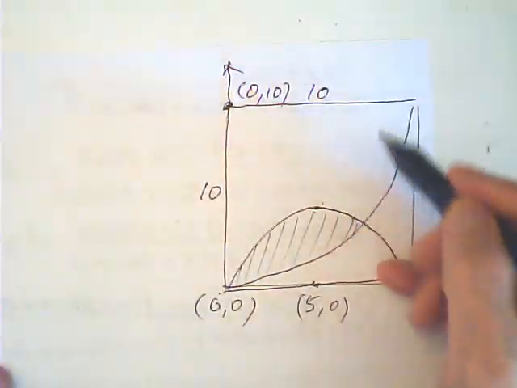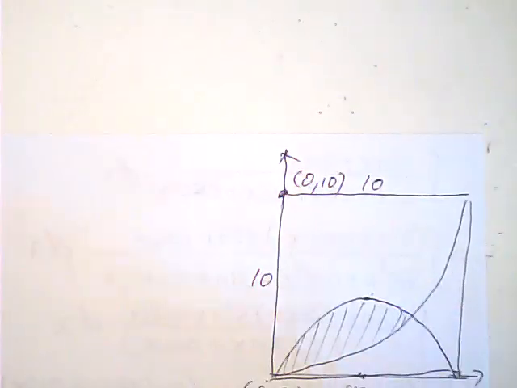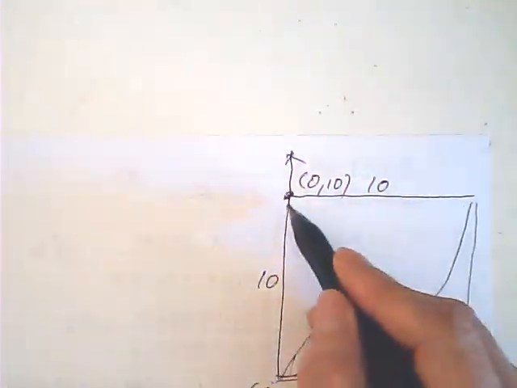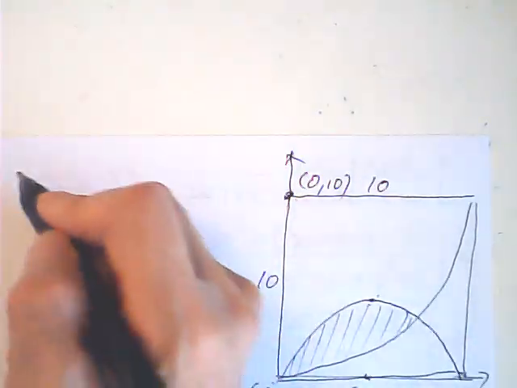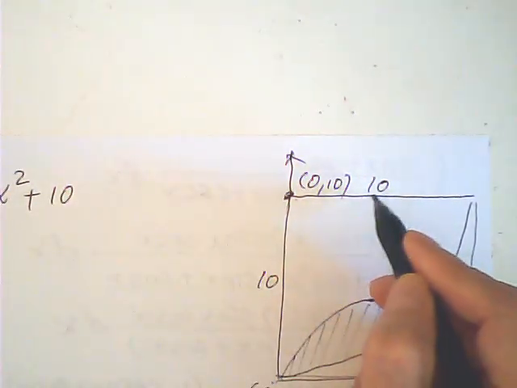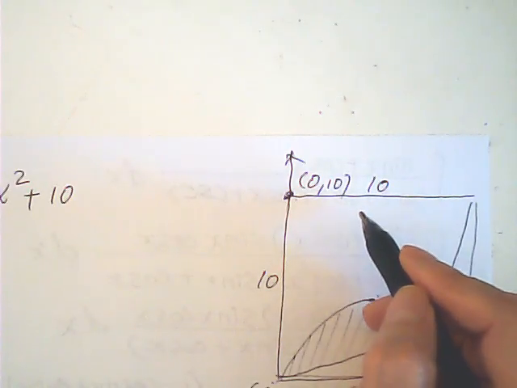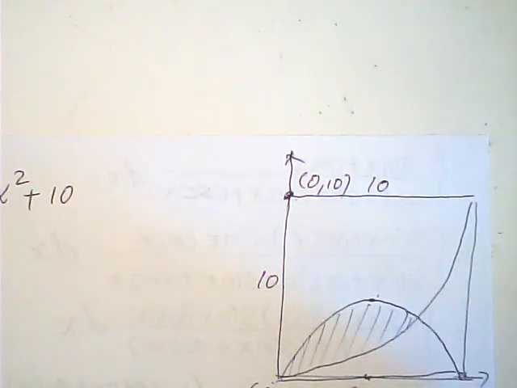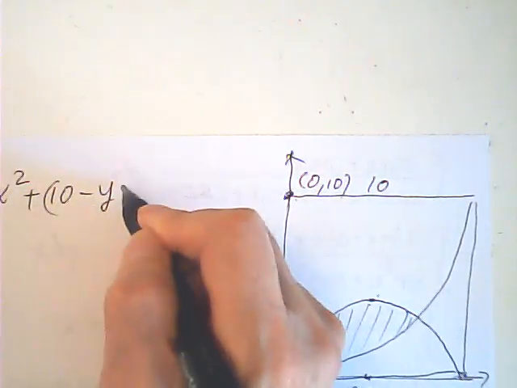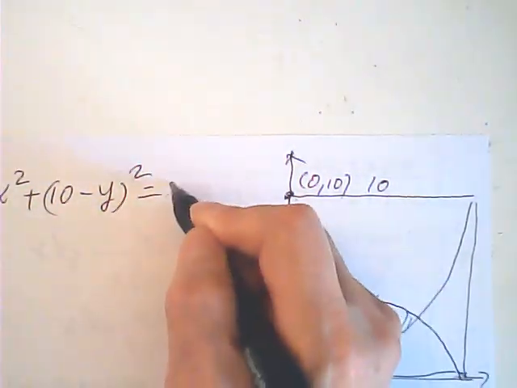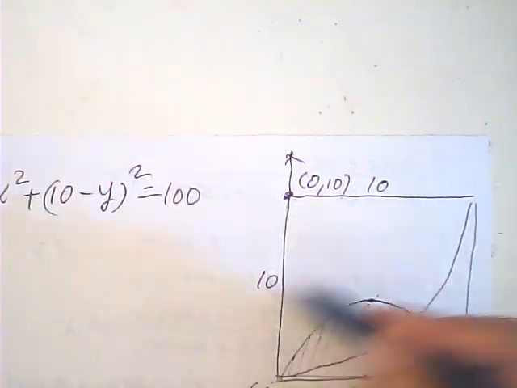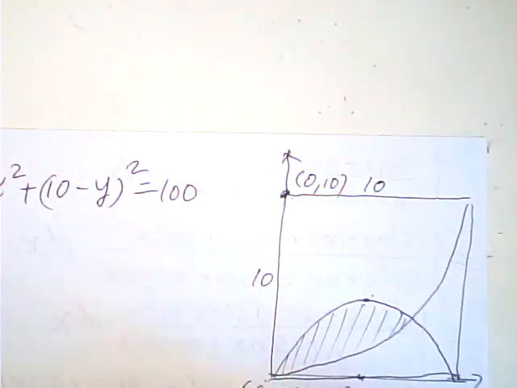So it is very easy to get the curves by using an equation. Actually, for this one it is x squared plus (10 minus y) squared is equal to 100. So this is this curve, this circle rather, the whole circle.